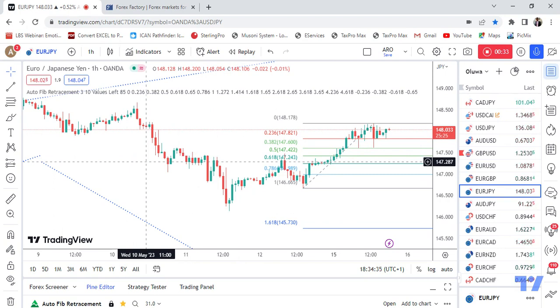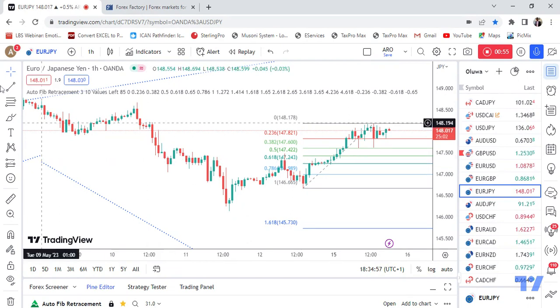It gives you access to do your analysis and place the trade on your MetaTrader. So today we'll be looking at all the indicators and all the tools in TradingView.